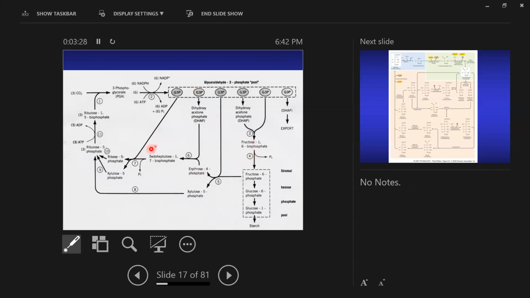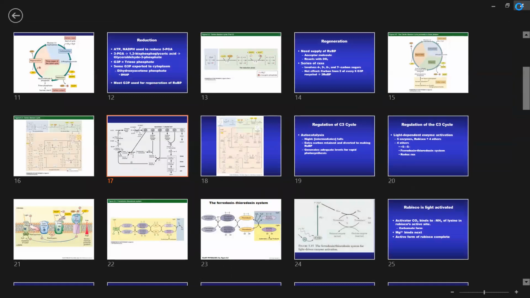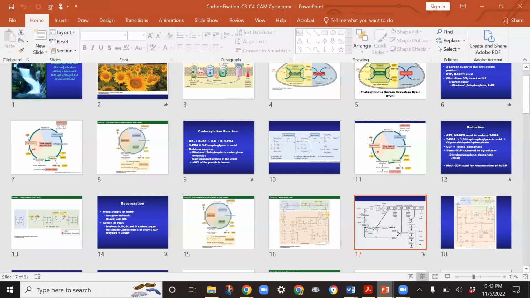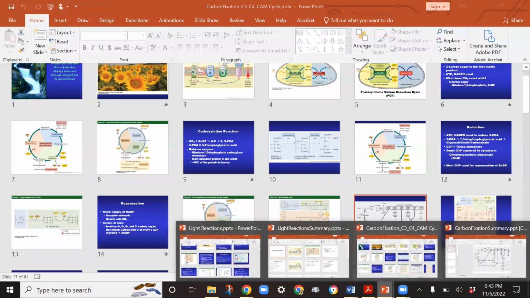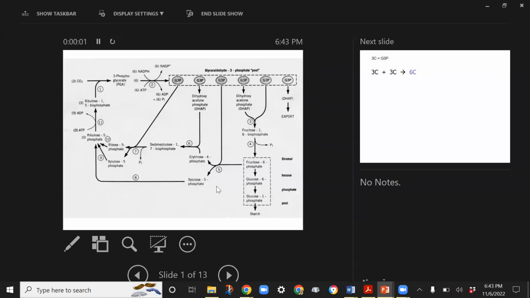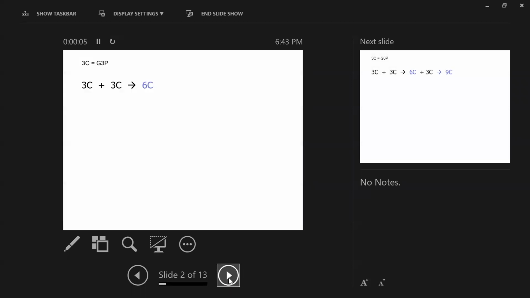And so remember, you don't need to know all the names or enzymes. It's just the idea of the numbers game. So this slide set is posted as well, where we go into the numbers game.